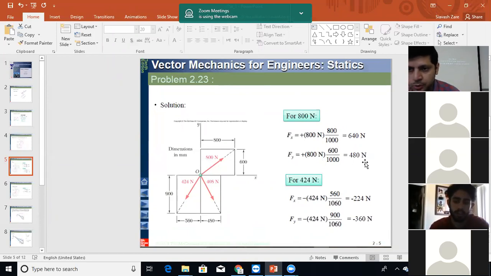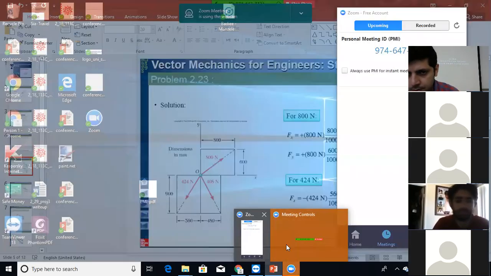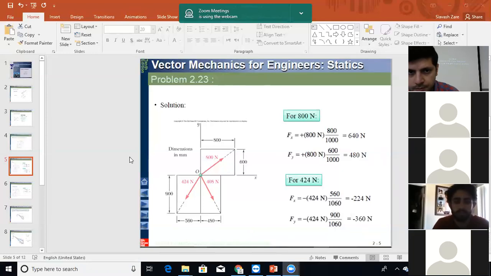Is there anyone who has problem with calculating this 1000 in the denominator? So everyone's clear about 1000.